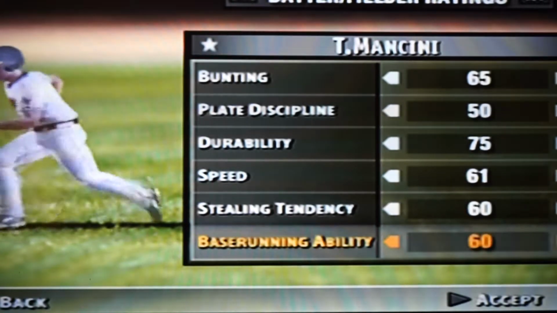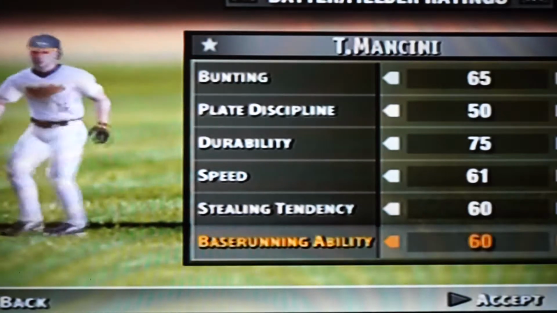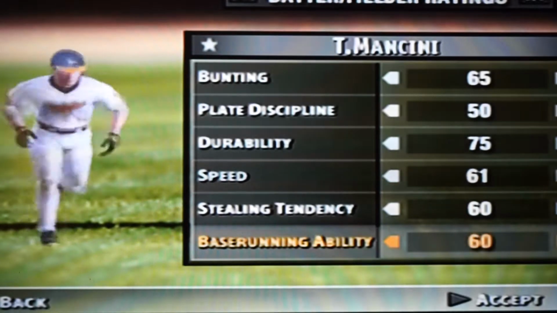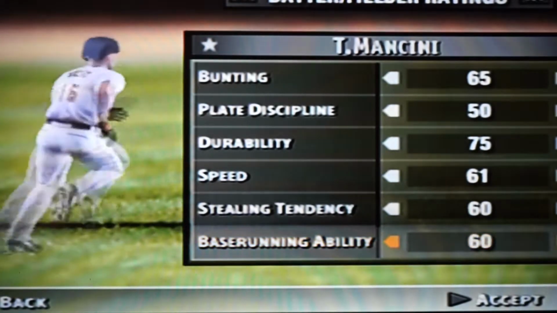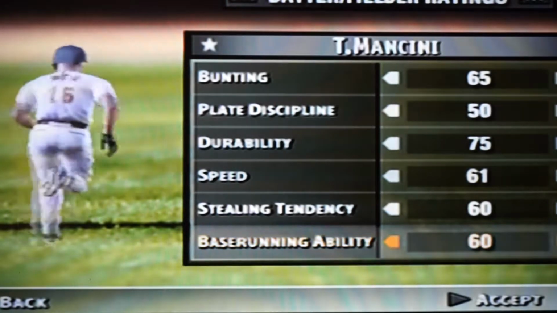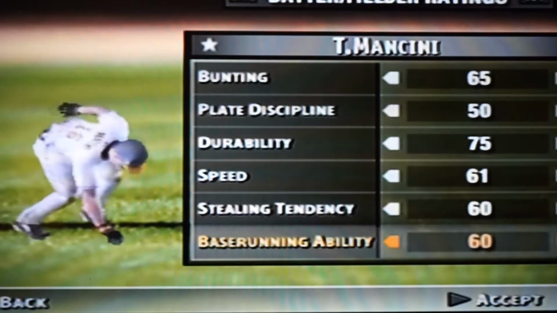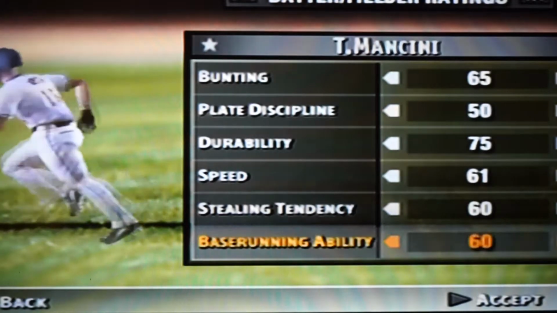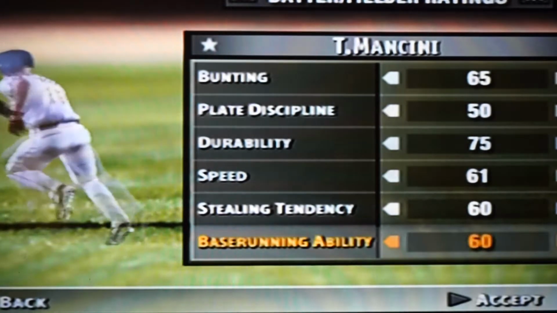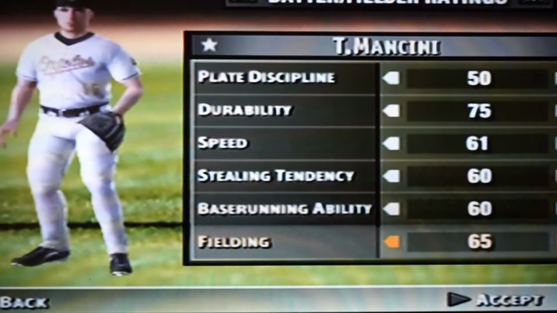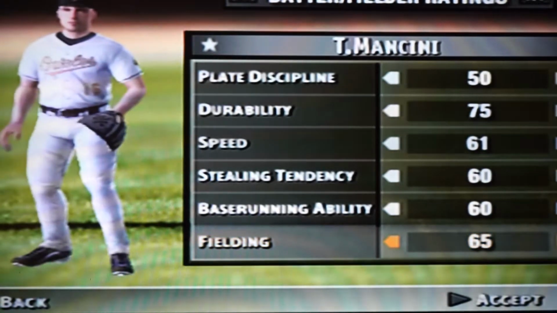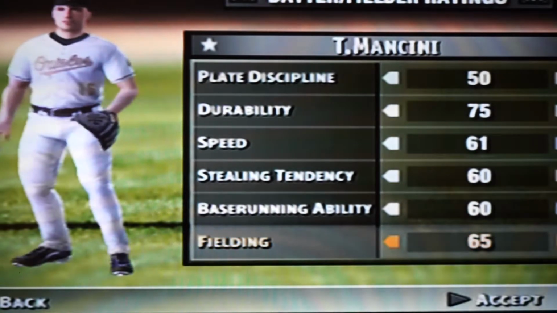It's just something I noticed, where if you do that, at least they'll have a tendency to run some. If you have a guy who's 60 or 70 speed, and the tendency is only 30, he's not going to steal any bases. So we want it where at least every now and then he'll try to steal. Like I said, guys, this is just something I've learned over years and years of playing this stuff.